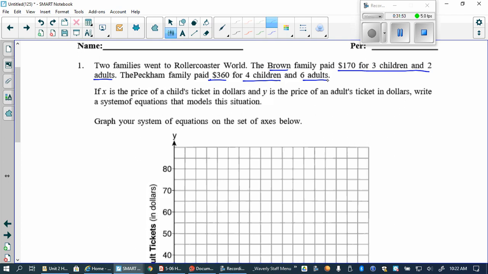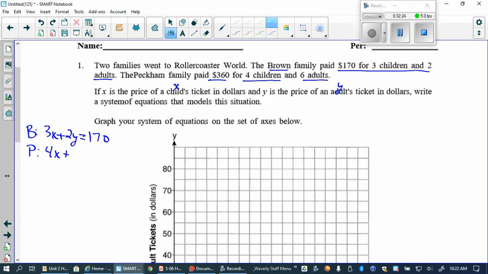So if X is the child price and Y is the adult price, let's do an equation for the Browns' cost. What would it be? 3x plus 2y equals 170. Okay. And how about for the Peckhams?